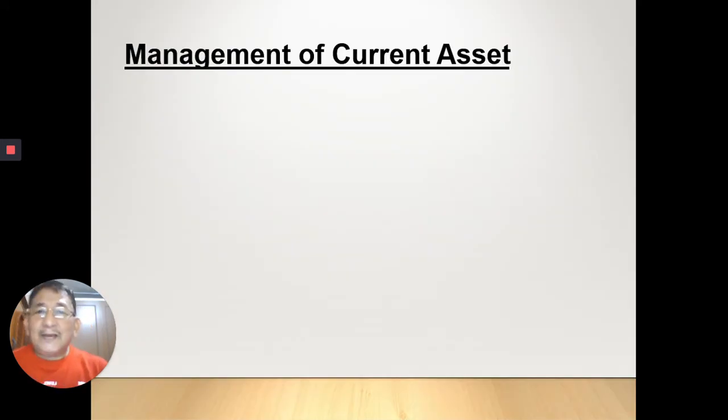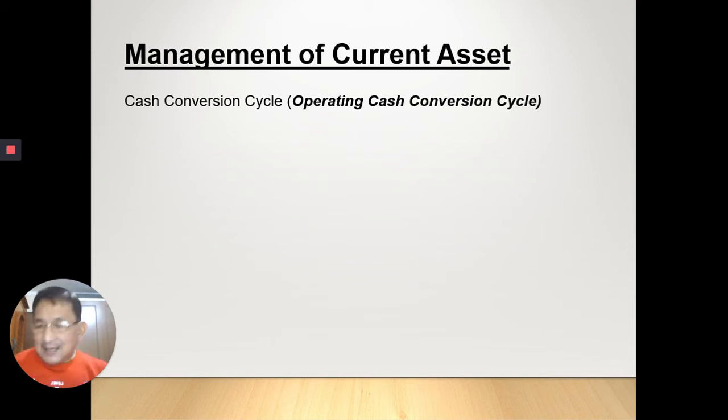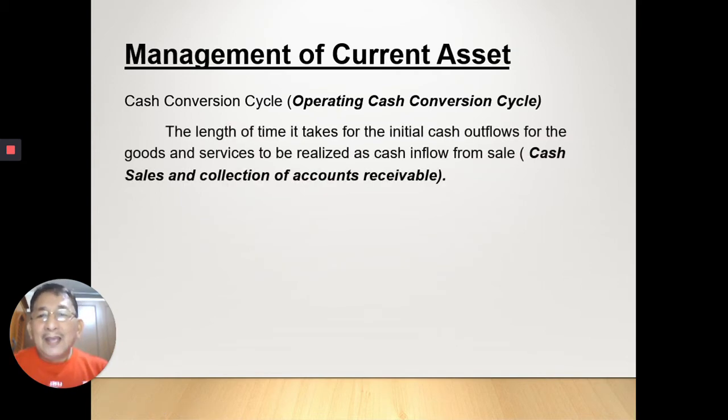Management of the current assets is sometimes called the cash conversion cycle or the operating cash conversion cycle. It is the length of time it takes for the initial cash outflows for the goods and services to be realized as cash inflows from sale. So, cash sales plus collection of accounts receivable.